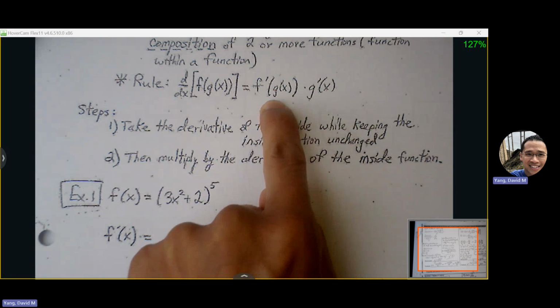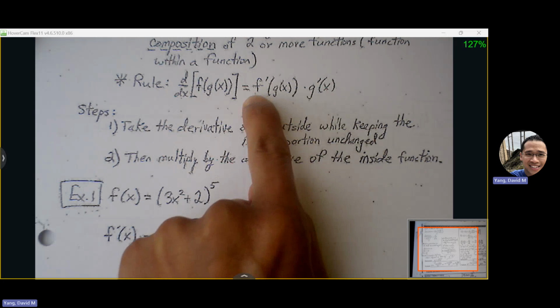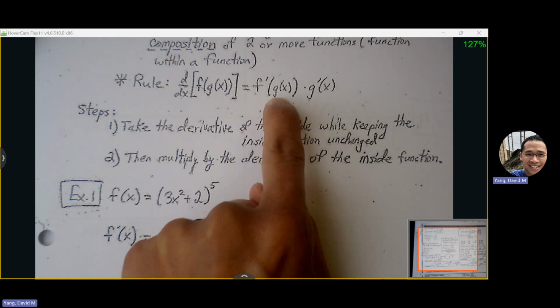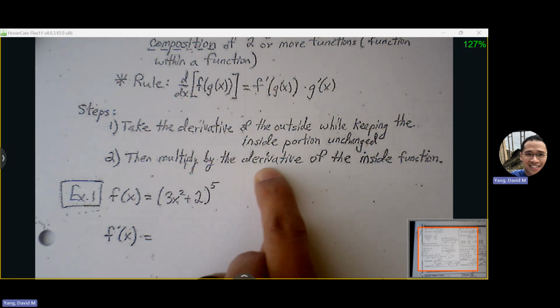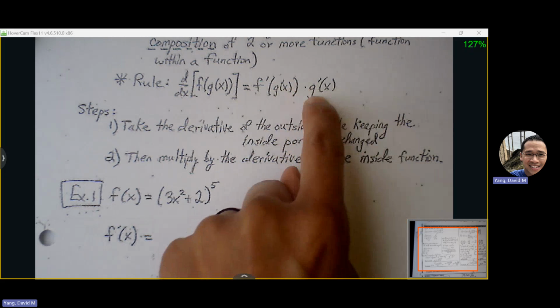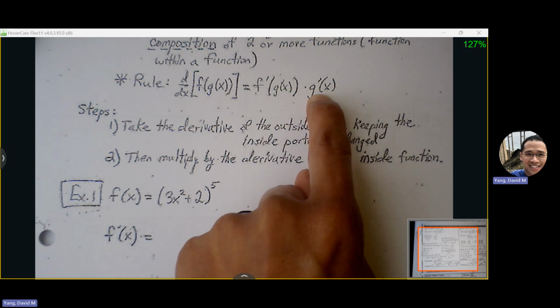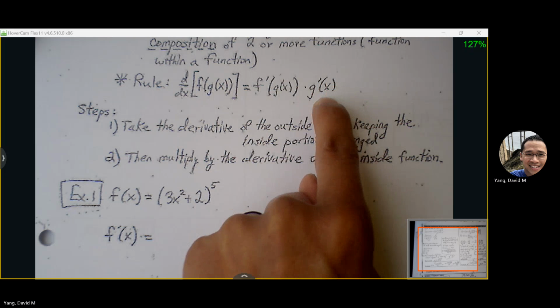So that's what that f prime of g of x is doing. We take care of that outside f prime, but we leave the inside unchanged. Next up, we multiply by the derivative of the inside function. Whatever the inside function is, it's going to have its own space for its own derivative.